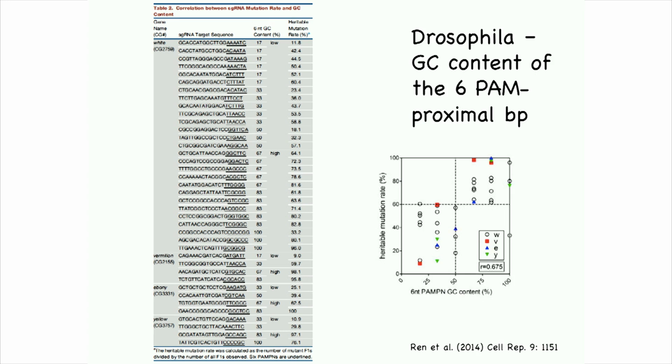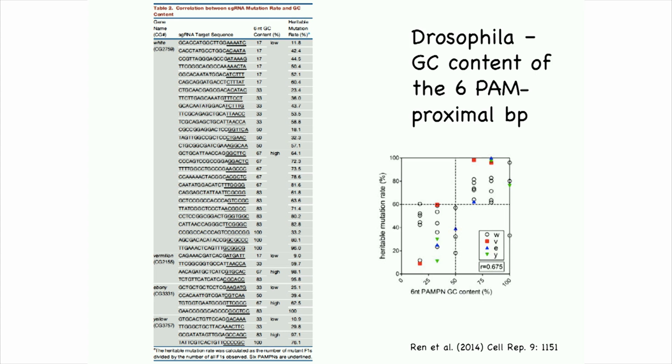And what they find is that if you only have 1 GC base pair, the efficacy, I mean, lots of people wouldn't complain about this, but 50% mutagenesis, but they tend to be lower on average than targets where the GC content in those 6 base pairs is higher. And so this is a scatter plot of these observations.